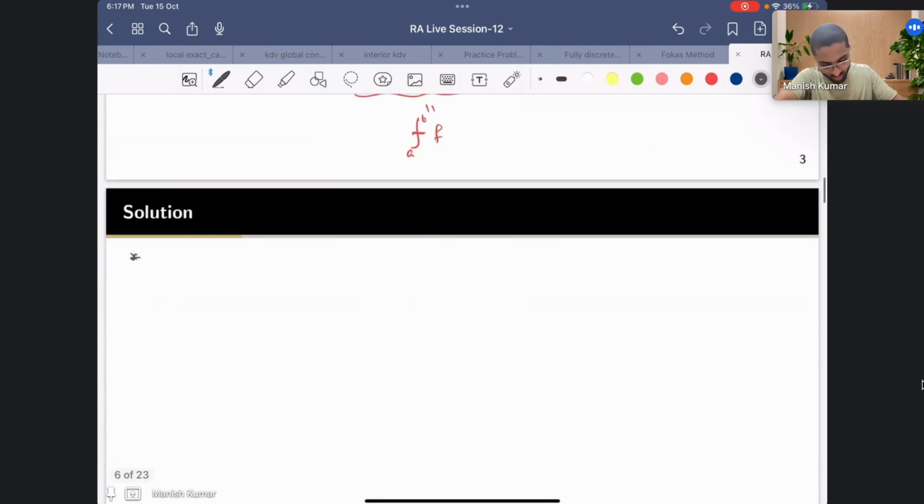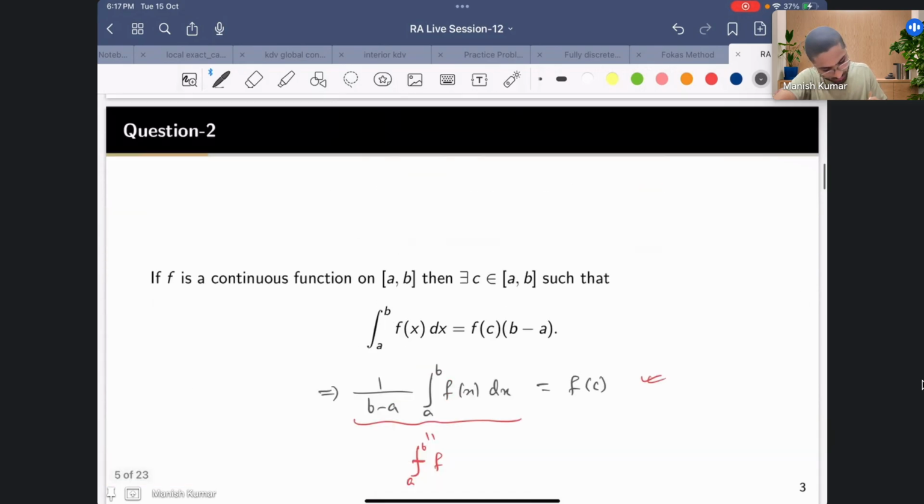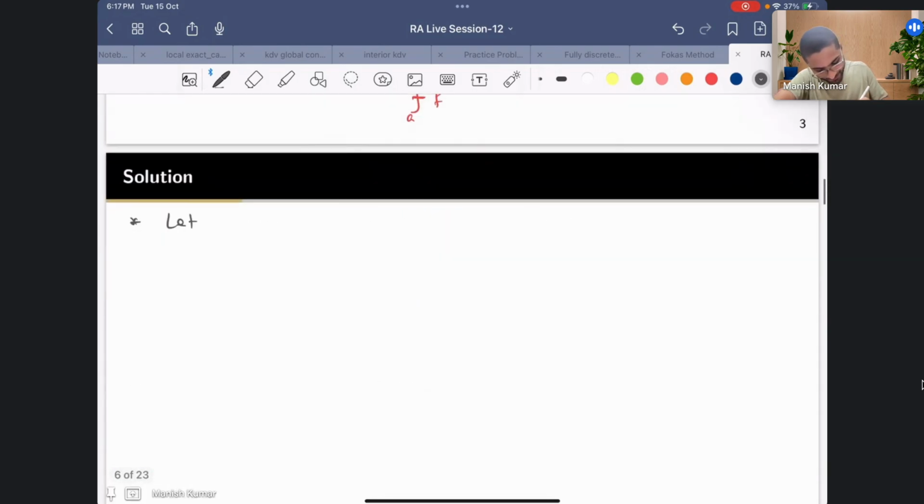So let us denote, suppose x0, x1 belong to [a, b] such that f(x0) is the infimum of f(x) where x belongs to [a, b].